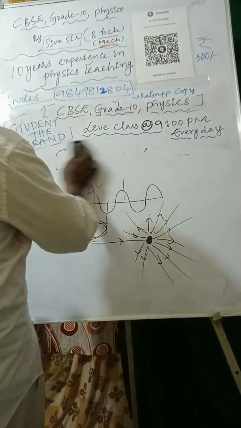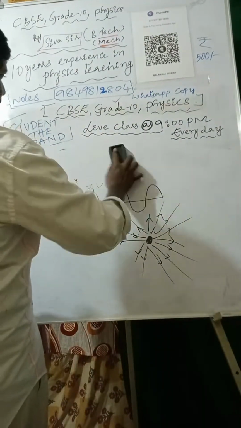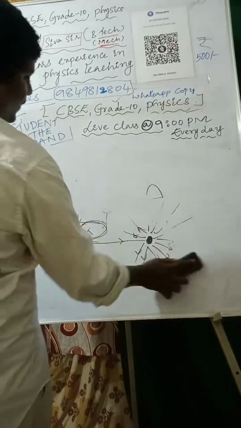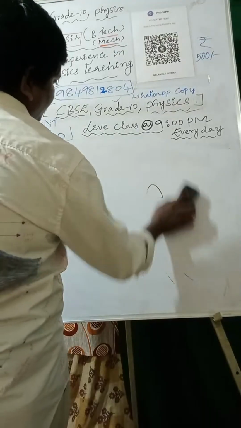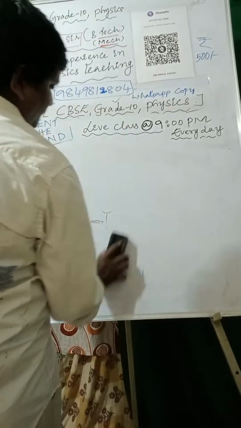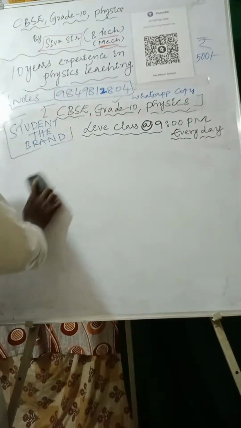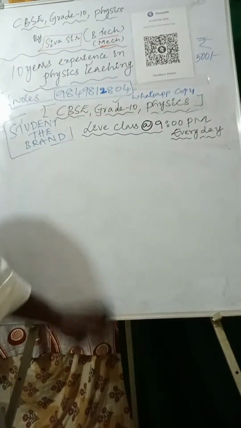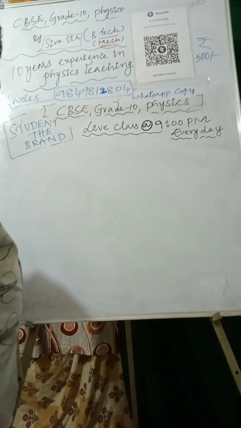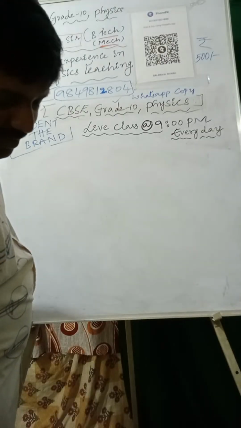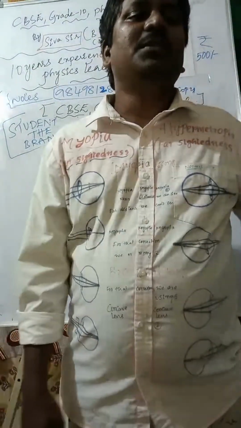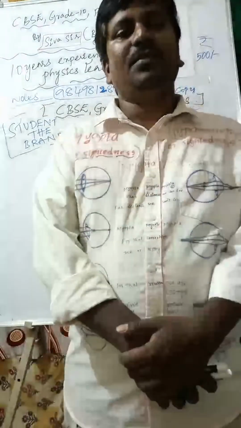Next, atmospheric refraction. Refraction that takes place in the atmosphere is called atmospheric refraction. I hope it is clear to you all.